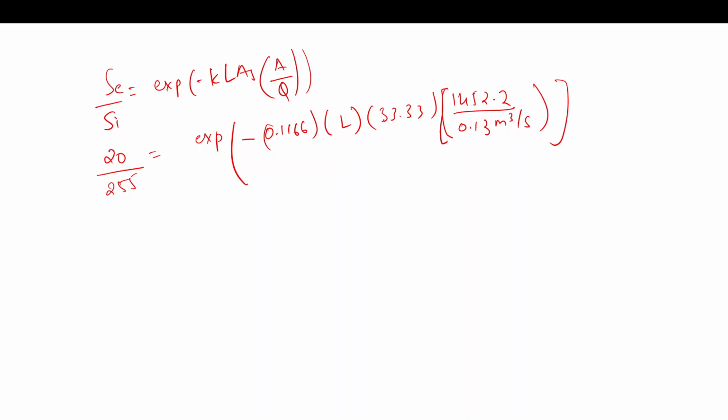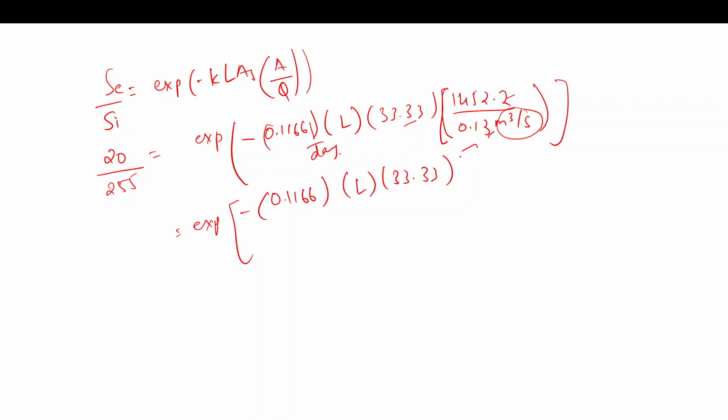And you can see that all other units, this is also in meter, this is also in meter, this also in meter. So that all is correct, but here the time is in 1 per day. Okay, so here you need to convert this into day. So for that, how to convert?